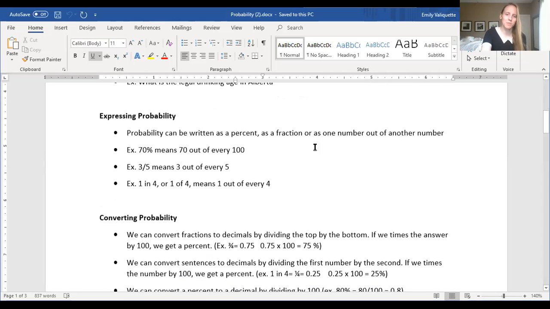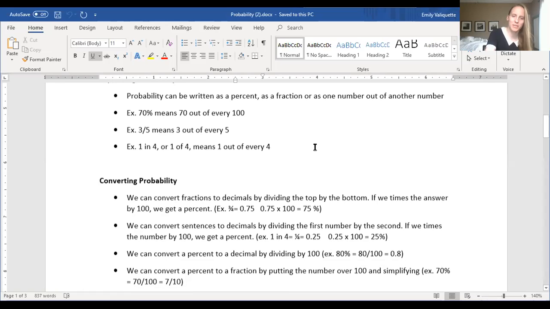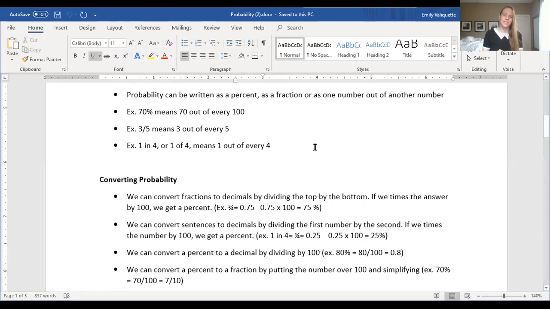When you're expressing probability, you can write it as a percent, like 70%, or a fraction, like 3 out of 5, or in numbers, like 1 in 4. When you're comparing probabilities, you should always convert them into the same form. Fractions, we just convert by dividing the numerator by the denominator.